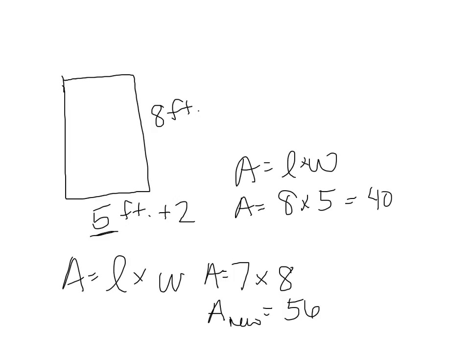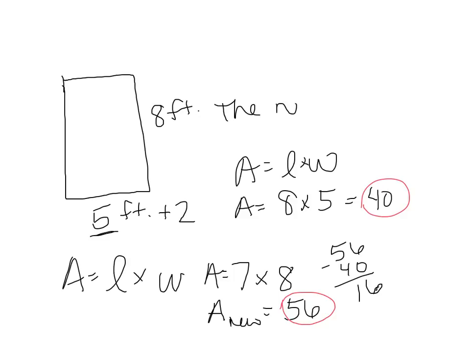Now to find the difference means subtracting. So I would take the bigger number, 56, and subtract it by 40. That'll look like this. 56 minus 40. 6 minus 0 is 6. 5 minus 4 is 1. So then we can write our answer.